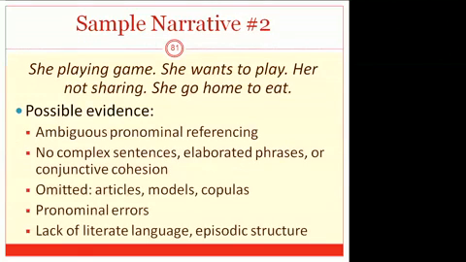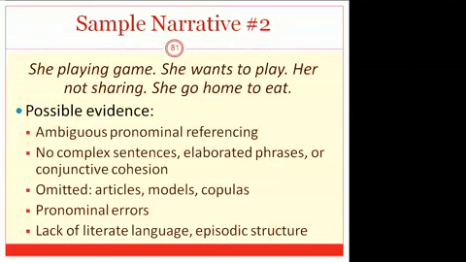Possible evidence of language difficulty in this brief narrative includes the fact that this student has ambiguous pronominal referencing. The character has not been introduced initially with a specified noun or a name.